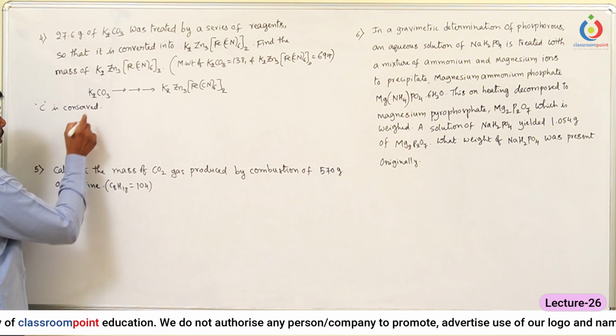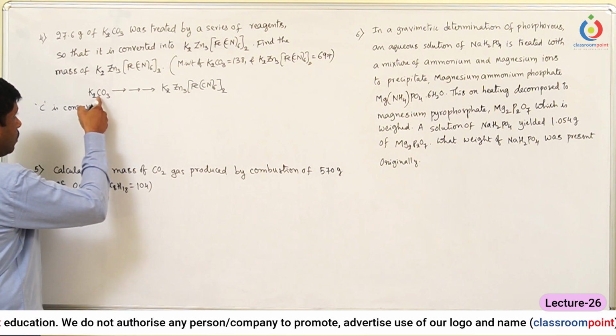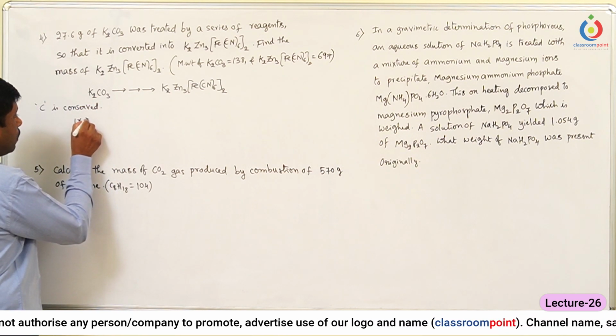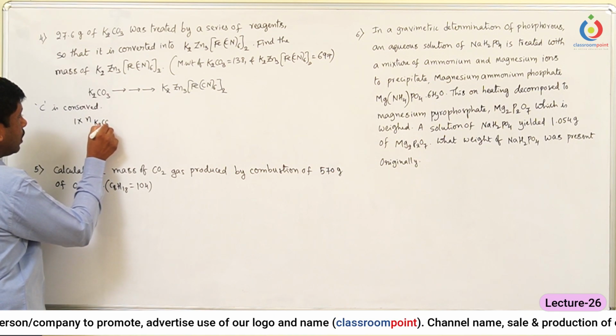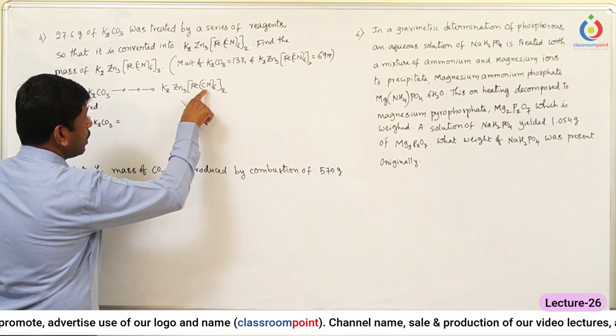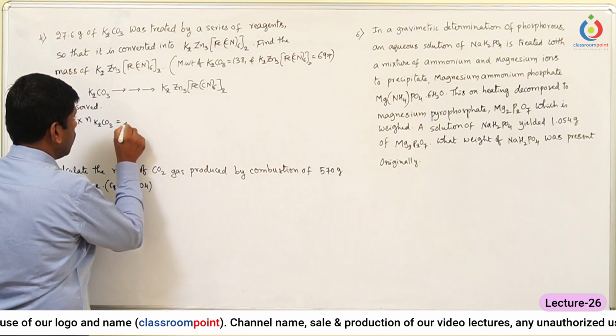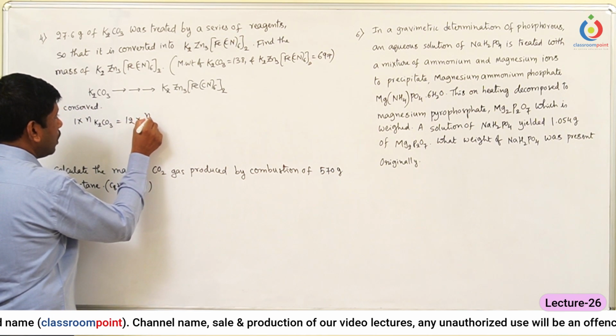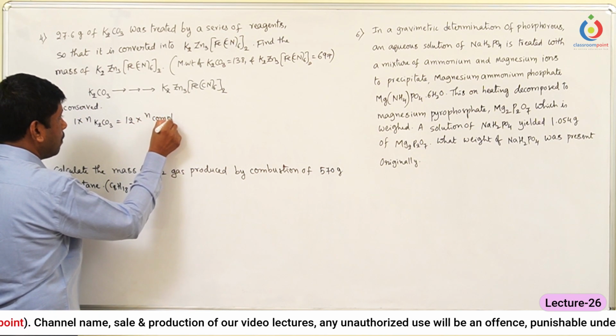When carbon is conserved, how many moles of carbon are present in K2CO3? Only 1. So 1 into the number of moles of K2CO3 is equal to 6 into 2, that is 12, into the number of moles of this complex.